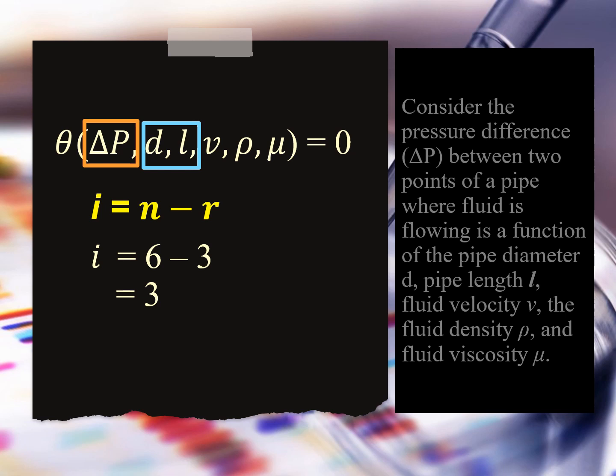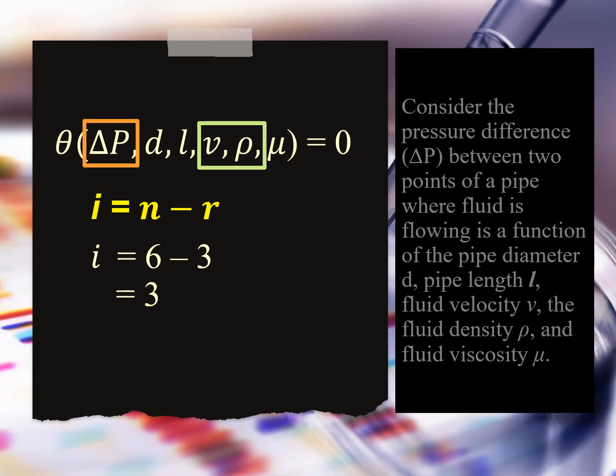So if we chose change of P, D, and L, it's not an option. Likewise, when we have change of P, V, and rho as the recurring set, since when change of P is divided by V squared and rho, it results in a dimensionless group, the Euler's number.